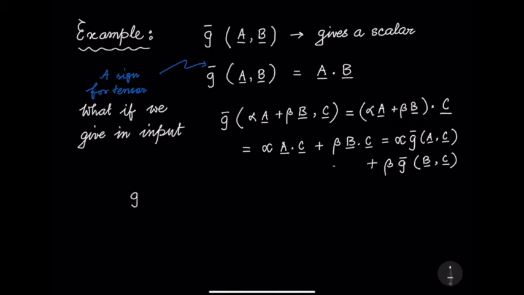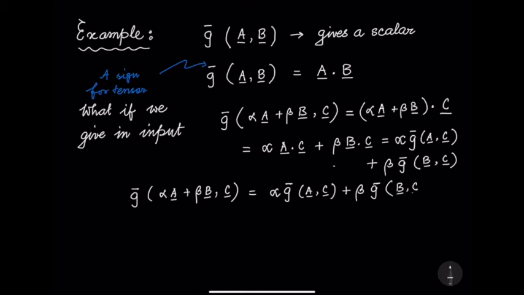We have got this nice thing that G of alpha A plus beta B comma C is actually linear in its arguments, and because of that you can directly do this. And this will be our friend. So it's linear in its argument. This will be our friend. That means that we will be able to use this to exploit many properties of the tensor.